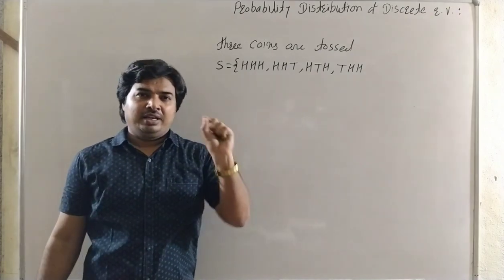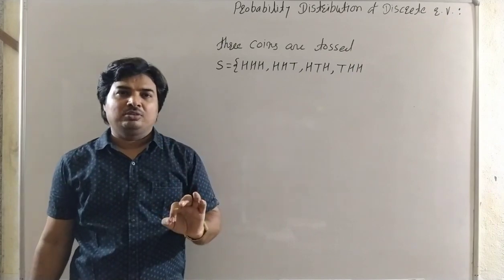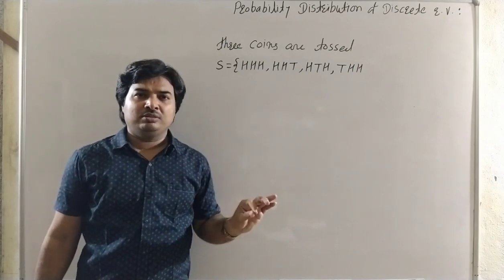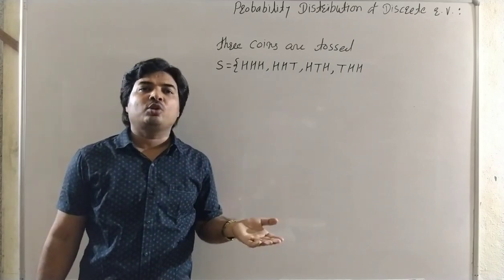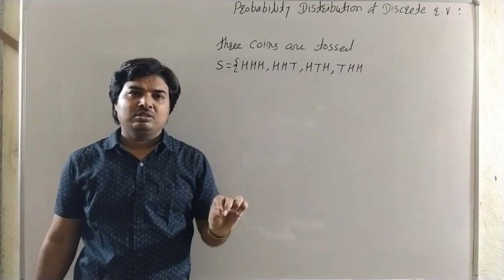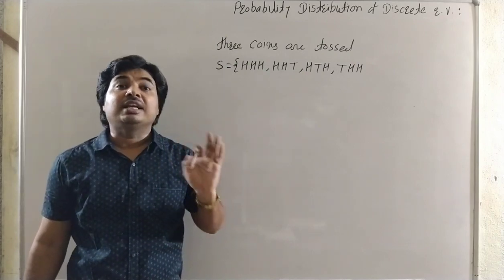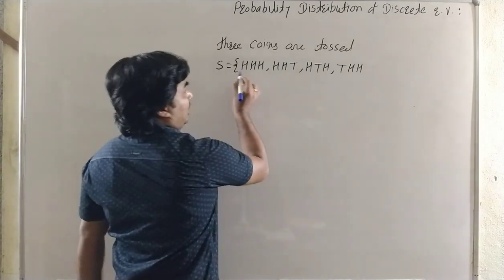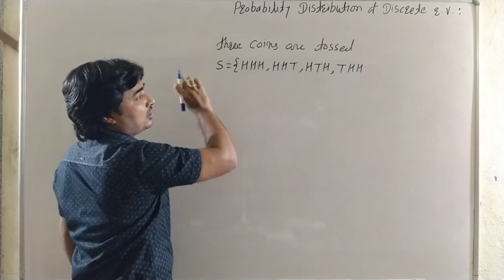But again, head on the first coin, on the second coin, or the third coin. If head on the first coin, then second and third are tails. If head on the third coin, then first and second are tails. If head on the second coin, then first and third are tails. Now these are 4 possibilities.